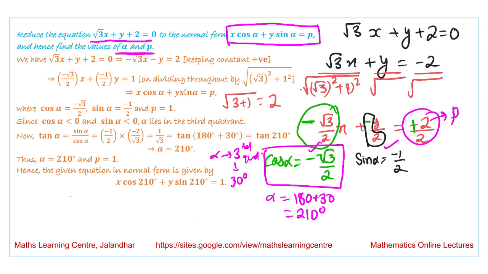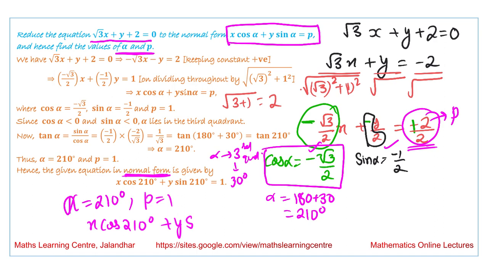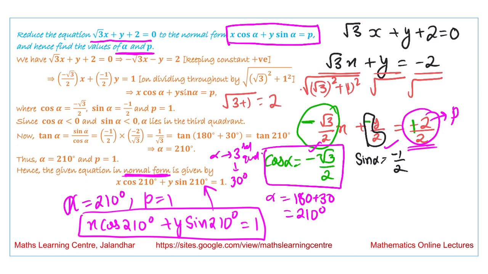So, we are saying that the value of alpha that we have is 210 degree, and the value of p that we will have is equal to 1. So, the equation in the normal form is x cos 210 degree plus y sin 210 degree is equal to 1. So, this is the equation of this line in the normal form, and these are the values of alpha and p that we have.